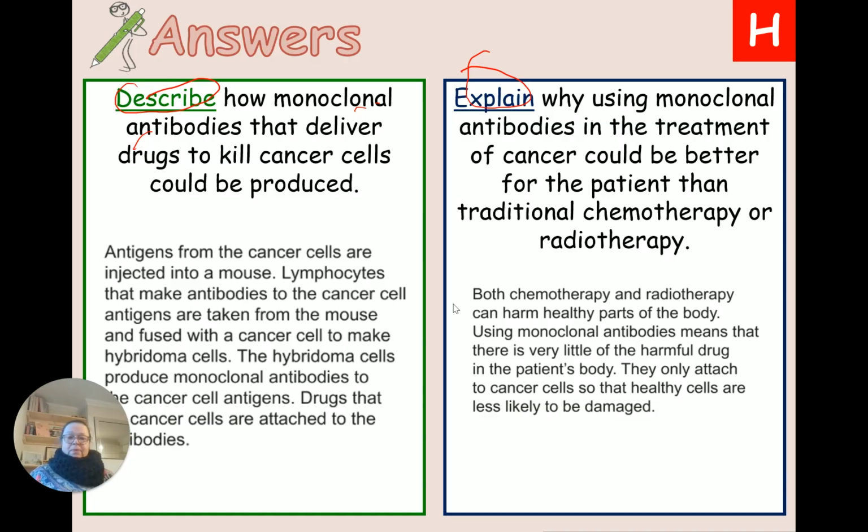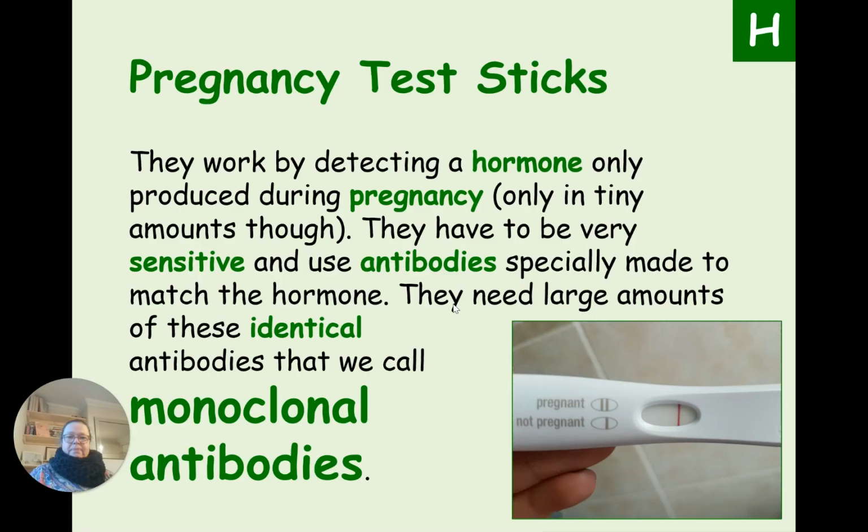So we've just talked about that. We're not killing healthy parts of the body. There's less harmful drug in the body. They're only going to attach to the cancer cells and nothing else because they're complementary shape. All right, so you get the idea. If you had a 4 marker, these are the key words that you need to be saying in these answers. All right, so very well done.